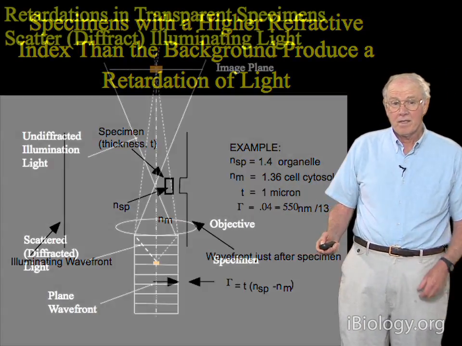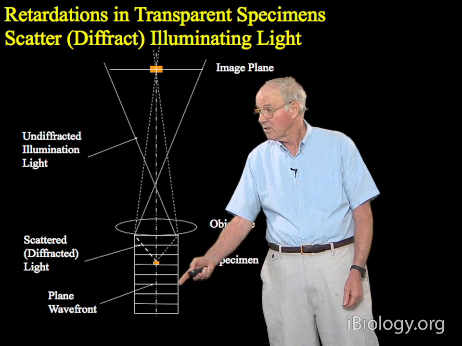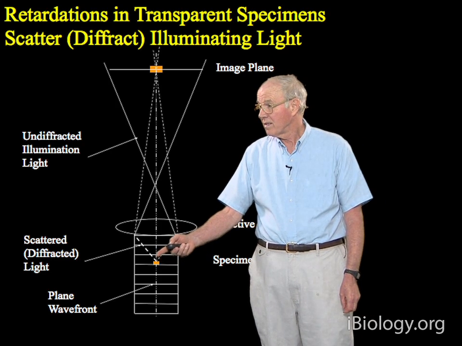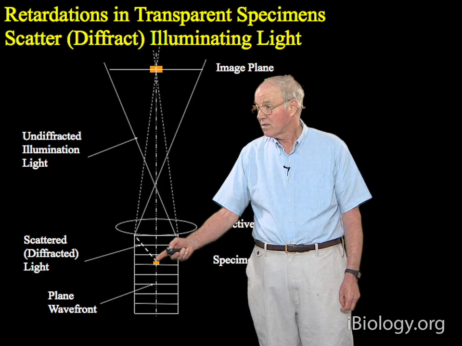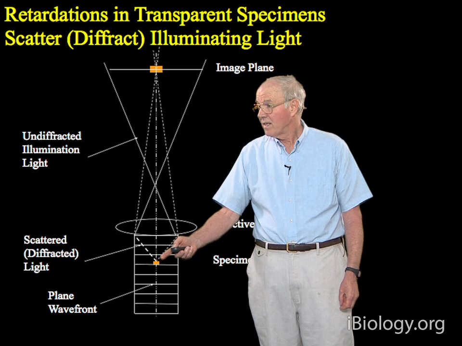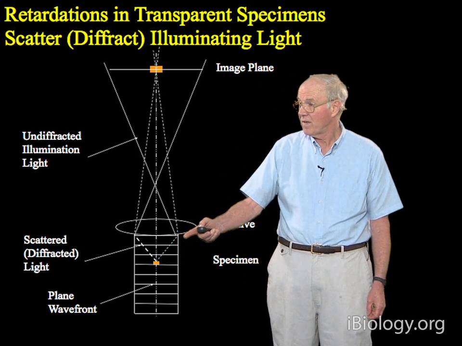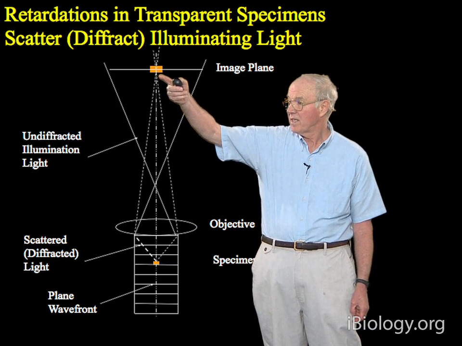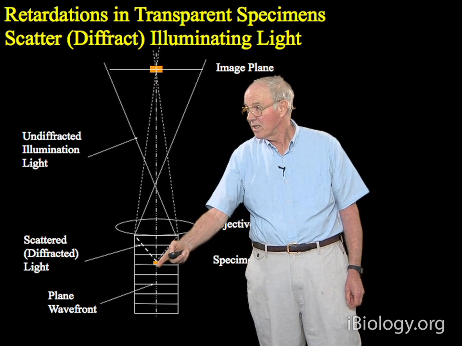All right? Now, if we illuminate our transparent specimen in transillumination in the microscope, even though this is transparent, the differences in the refractive indices of the specimen's structural detail cause diffraction of light. And that diffracted or scattered light is collected by the objective aperture and focused up here onto the image plane to make an image of the specimen itself.